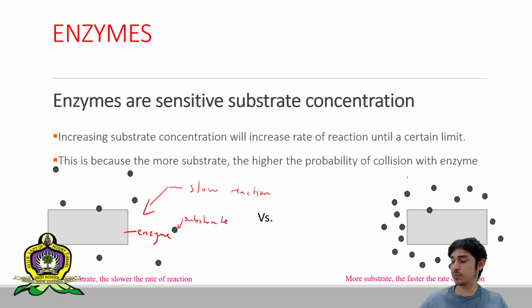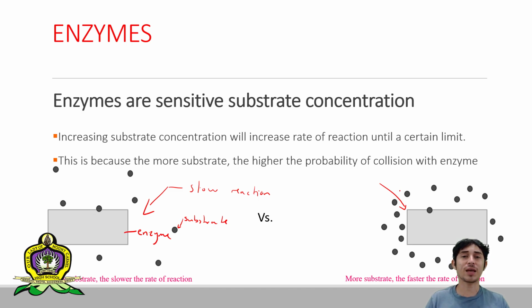In contrast, in this scenario, we will find that the rate of the reaction is much faster. Why? Because there is more substrate. This one is a little bit of a no-brainer. It doesn't require you to think that deeply about it. The more substrate there is, the faster the enzyme will work.